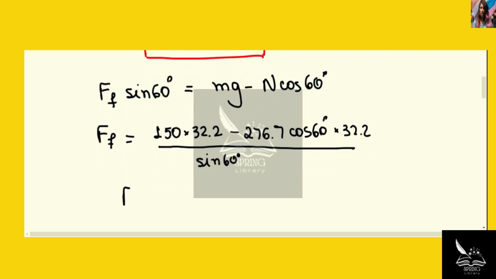And from this, we obtain that the frictional force is 13.4 pound force. Okay, we have to divide it by 32.2 pound feet per second squared per pound force.